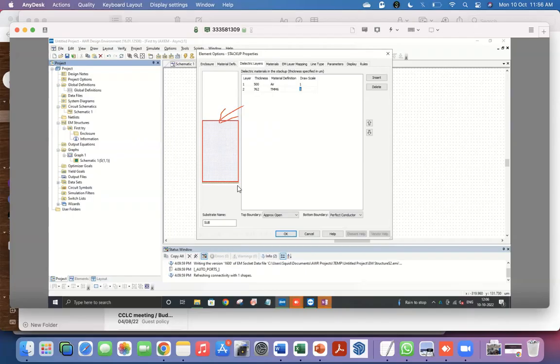And this is now an interface between this dielectric here, which is TMM6, and this dielectric here, which is air. So this is something you have to specify, that where the metal layer is. Is it between dielectric layer 1 and 2? Is it above dielectric layer? Is it below dielectric layer? So that's why having that air layer is useful.